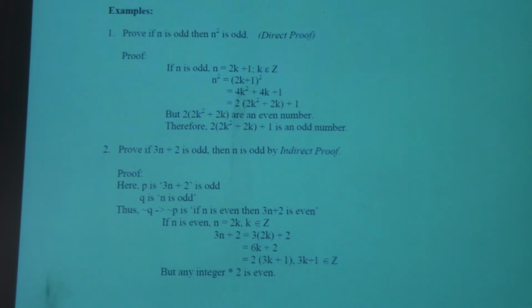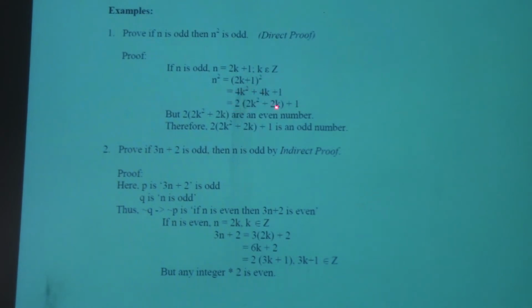So therefore, if that's n, 2k plus 1, then n squared is going to be (2k plus 1) squared, the whole thing. And that's going to be 4k squared plus 4k plus 1. So therefore, take an odd number, square it, and you get this. But this can be factored by taking this 1 out and factoring a 2 out of here.